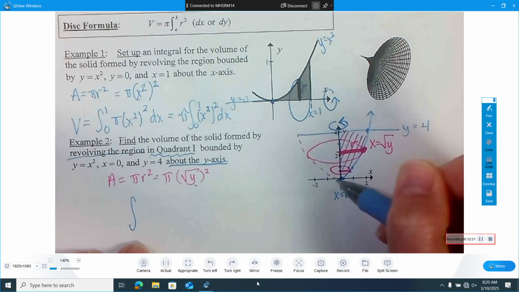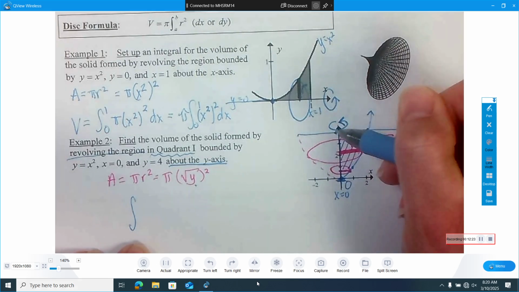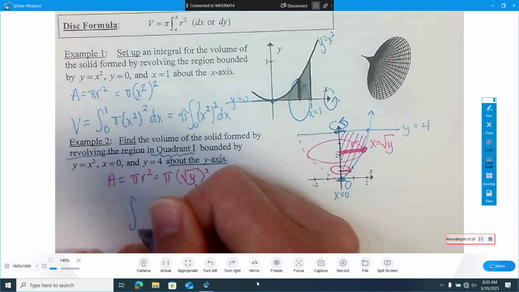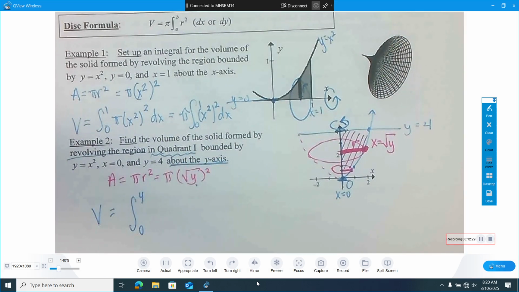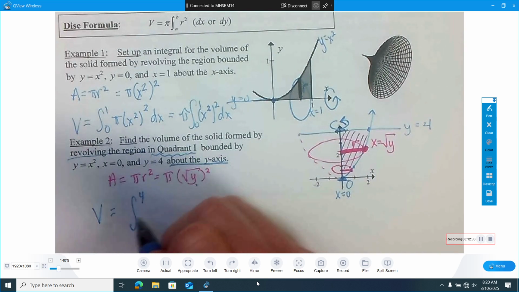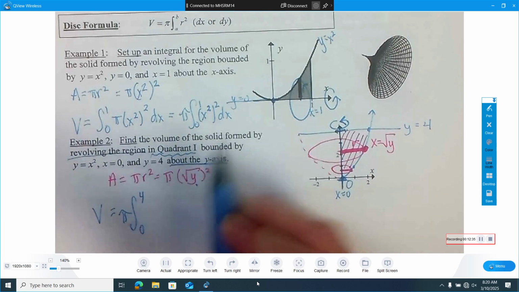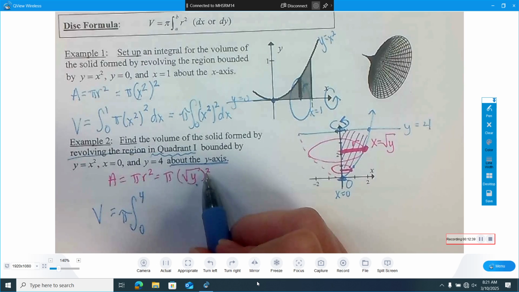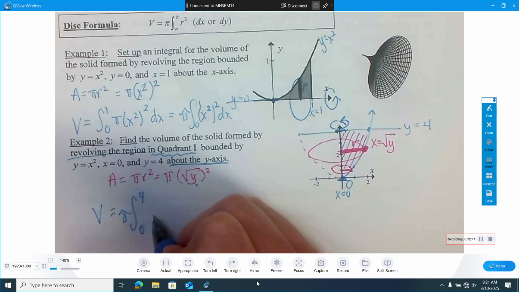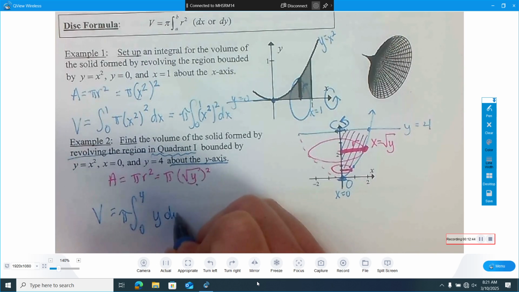So from 0 right here all the way up to 4. All right, so that's very good. Everything needs to be in terms of y in this case. All right, so we have area. I'm going to put the pi out in front. And then, of course, the square root of y, squared, is just y.